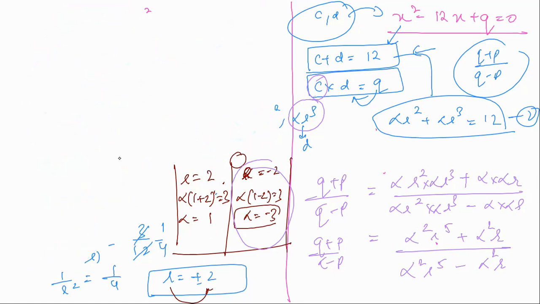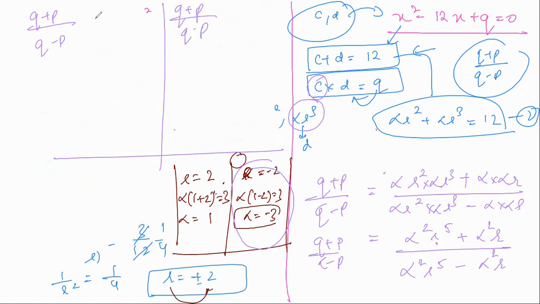Okay, now I'm doing it here. So please focus. Q plus p and q minus p, because I have two values, so simultaneously I'm putting. One case is when R is 2 and alpha is 1. So alpha square is 1 times R to the power 5.